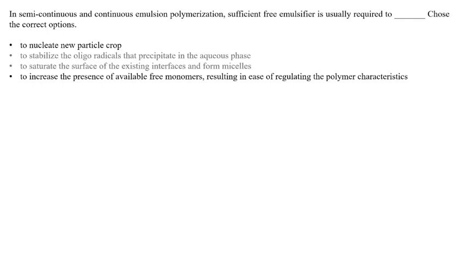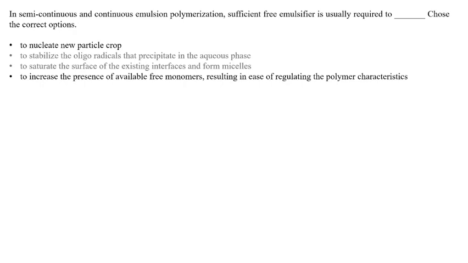Another scenario is that for heterogeneous nucleation to occur, there should be sufficient free emulsifier available to saturate the surface of the existing interfaces. When you have existing interfaces and heterogeneous nucleation going on, it means heterogeneous surfaces are there and nucleation sites are available on them.